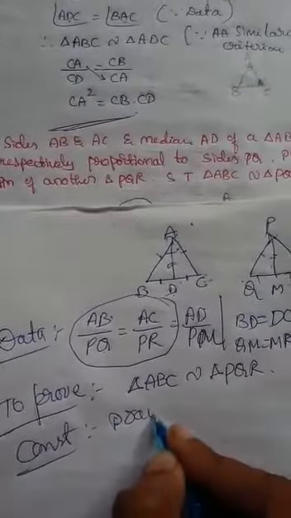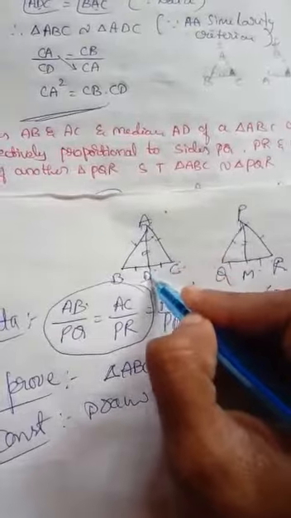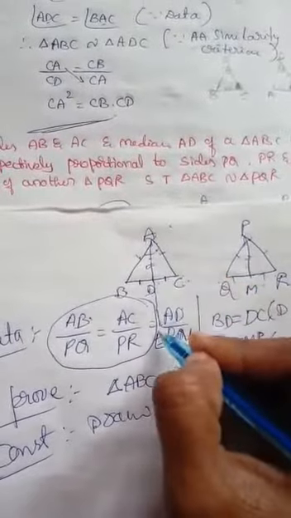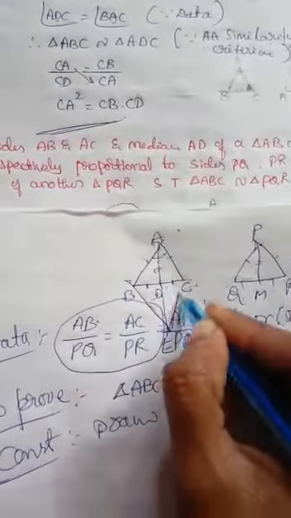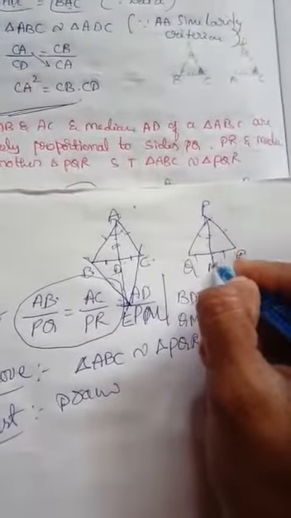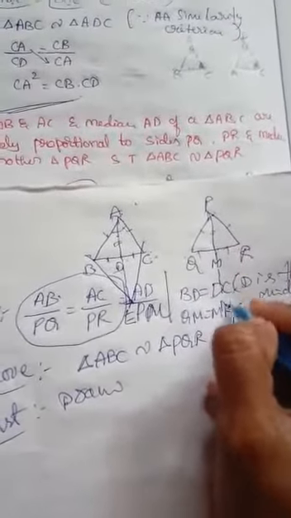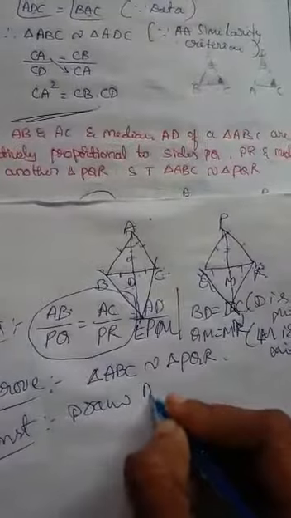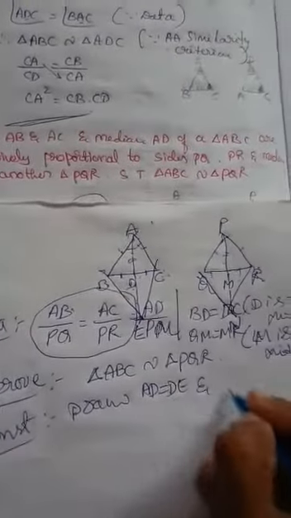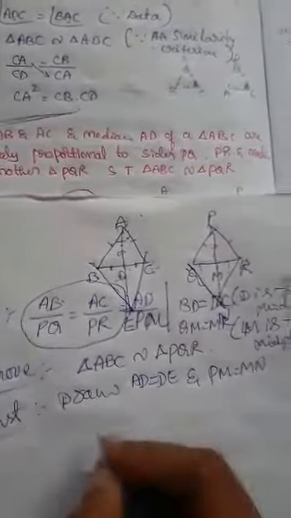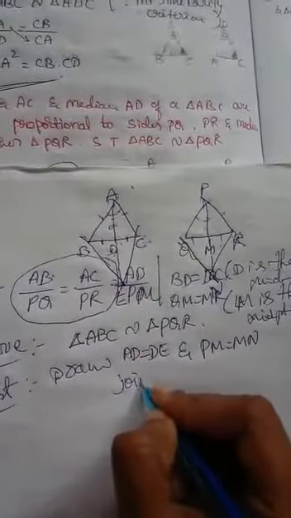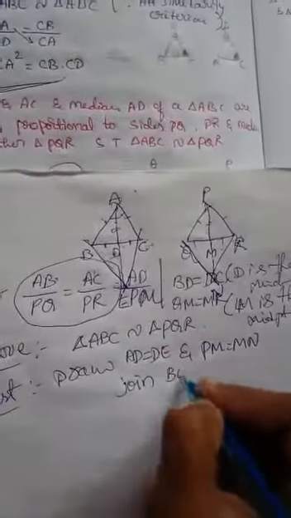Draw AD equal to DE, meaning extend AD to E such that AD is equal to DE, and join BE and CE. Similarly, produce PM to N such that PM is equal to MN, and join QN and NR.